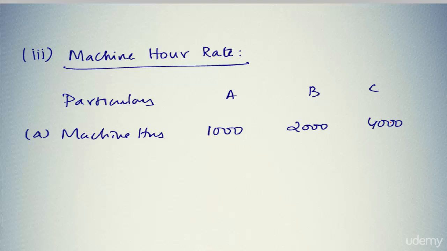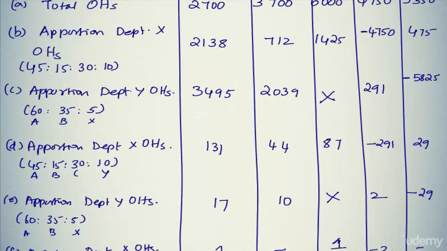And the question is, find out the machine hour rate. So what is the rate per machine hour? You have to divide the total cost by these machine hours, right? Because we have already calculated the total expenses of all the three departments. We did this in the previous question, and here we have the total cost.